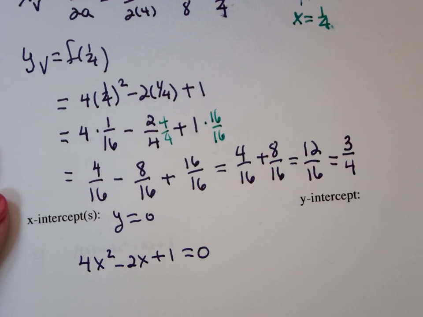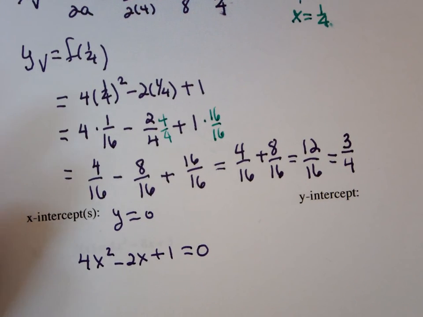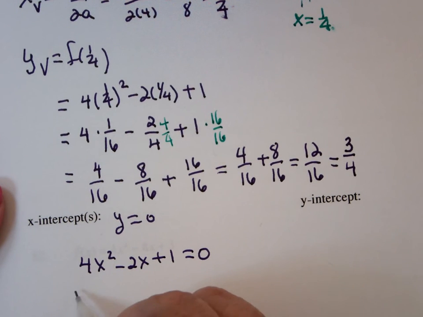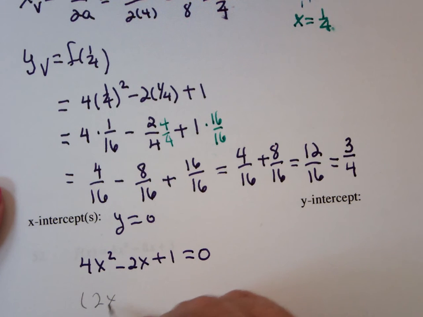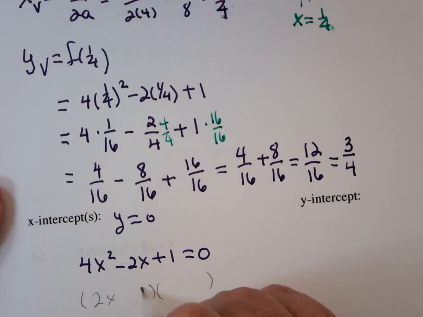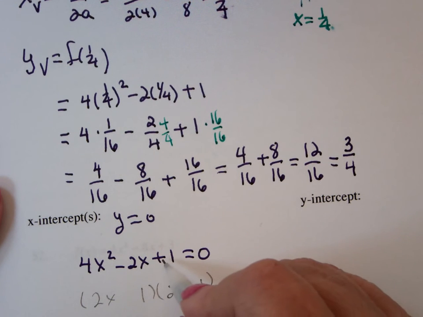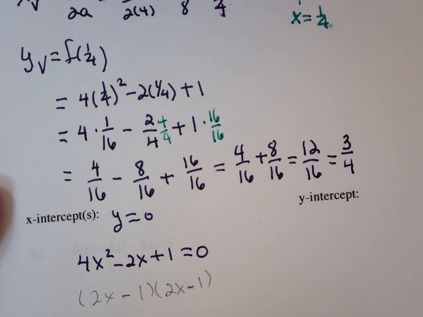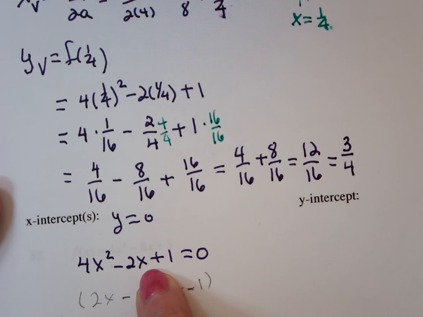So if I'm going to look at possibilities, it could be a 2x and a 1, a 2x and a 1, and this would be minus, and this would be minus. And that's going to give me a 4x in the middle, so that's not going to work.